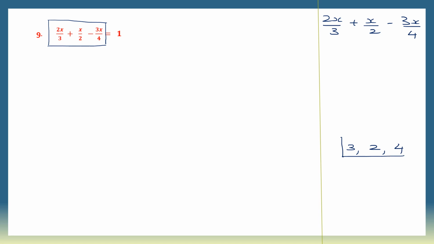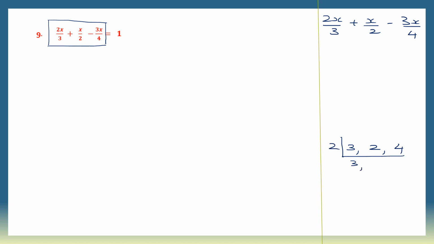Question 9. Again, let's work out what's given here first. So let's take it all to the working column and do it. So we have 2x by 3 plus x by 2 minus 3x by 4. As you can see, they're all unlike terms with different denominators. So let's find the LCM of the denominators. 3, 2 and 4. Let's begin with 2.